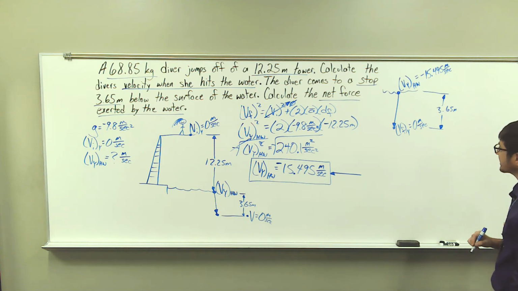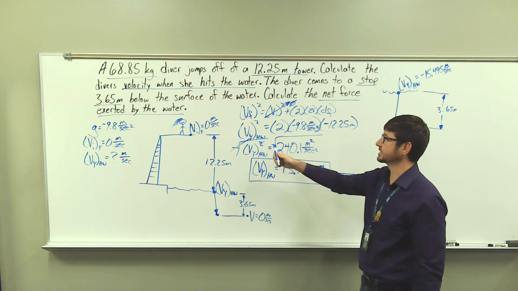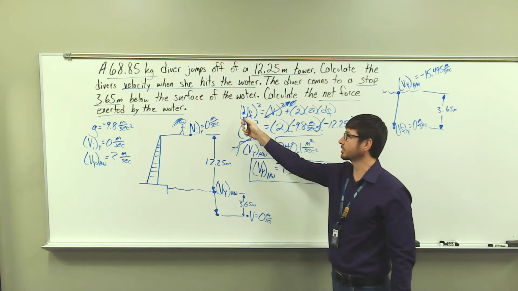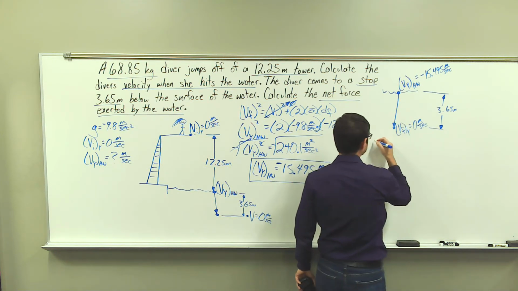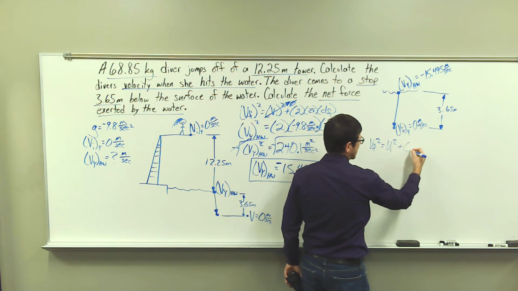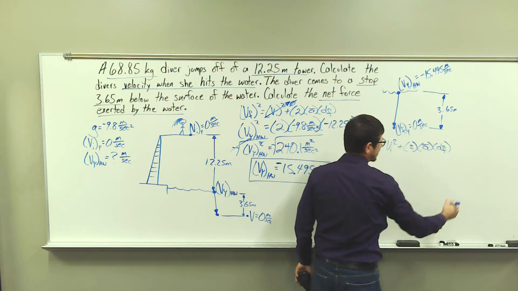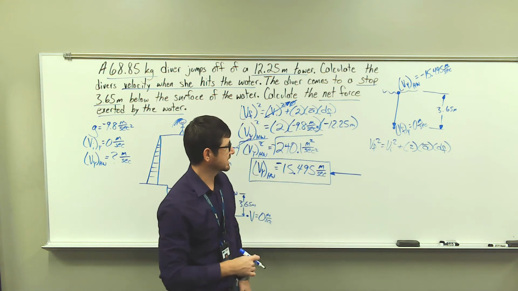Okay, so what we're going to do is start off with the same base equation that we originally started off with right here. So I have final velocity squared equals initial velocity squared plus 2 times the acceleration multiplied by the object's displacement.